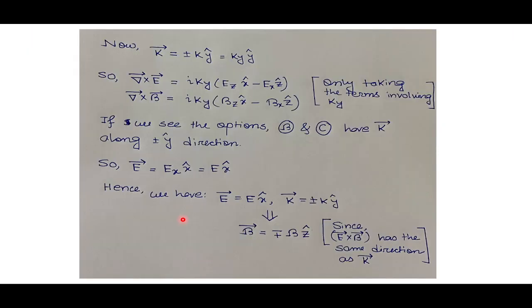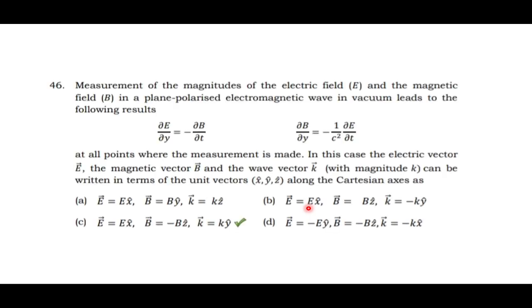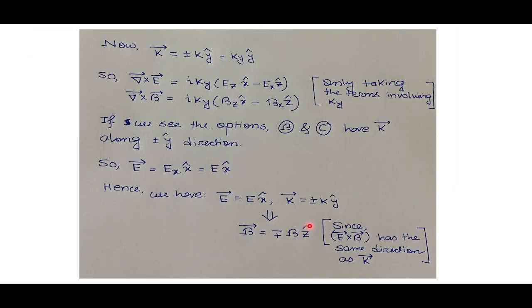If k is along plus or minus y, then your B vector should be minus or plus Bz cap, right? Amit, am I right? Yes, sir. Now the question is which sign is correct. As Amit shared, it should be minus Bz cap for the B vector, so k should be along ky cap.